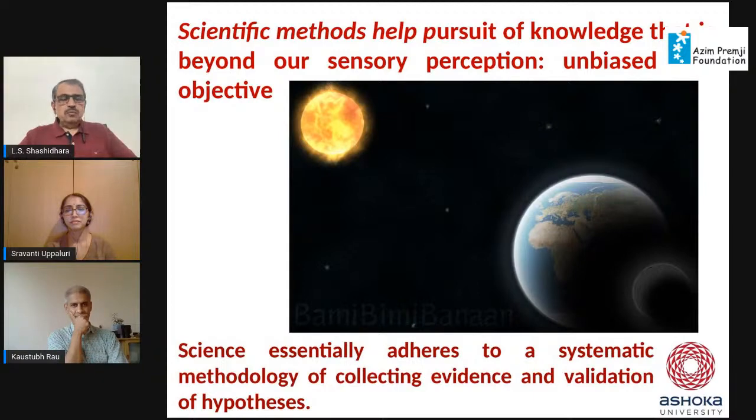So just to tell you why it's important: very often, without a better alternative, we try to explain things based on our own perception. But our perception is always biased, because it is based on our own sensory organs and the limitations of our brain. The real world is beyond our perception, right?